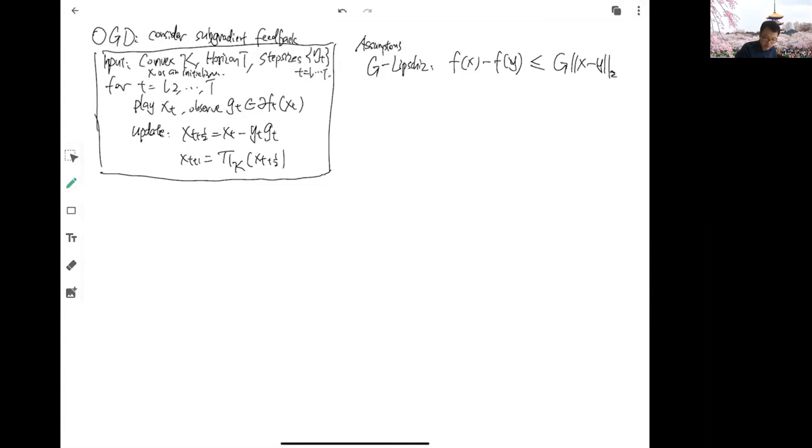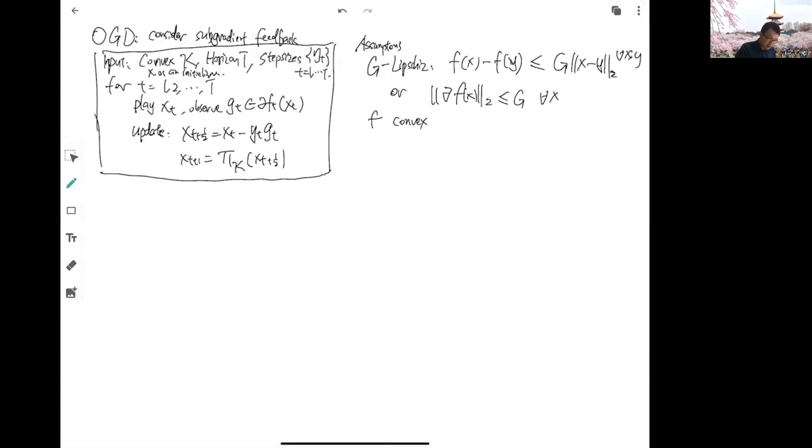This doesn't require f to be differentiable. So in particular, it handles, say, the absolute value function. Or like maybe the entire set of subdifferential at any x is smaller than G. Okay, so of course this function needs to be convex. Otherwise, sometimes even the subdifferential is not defined.